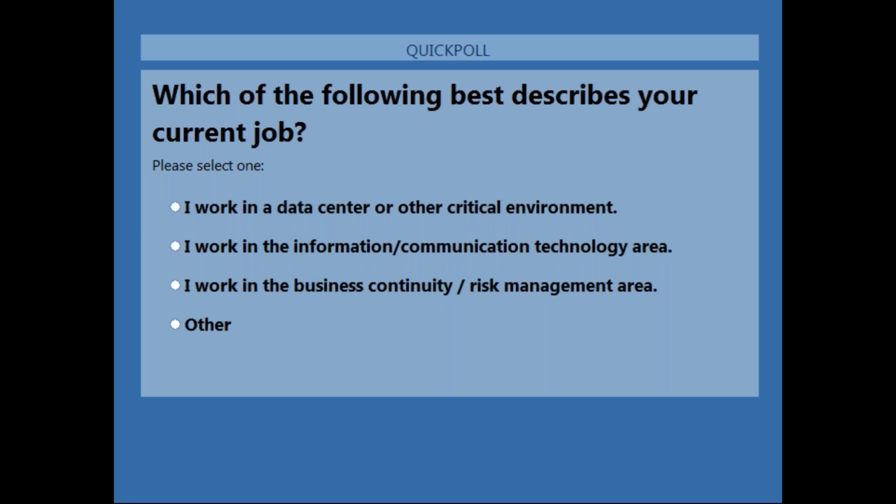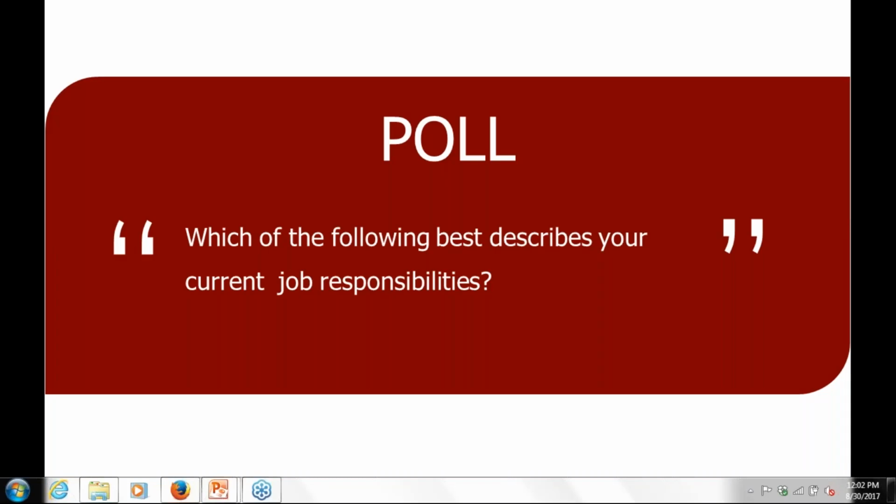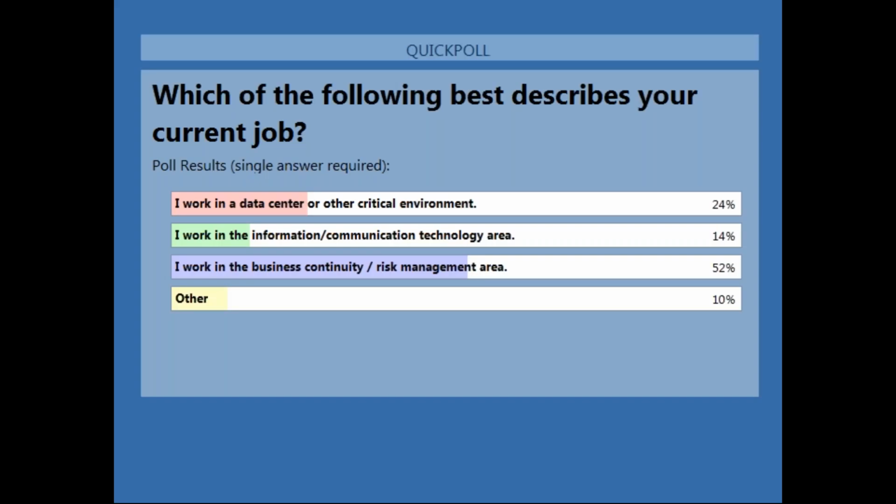Once again, that first poll is, which of the following best describes your current job? And so far, we have 85% of our attendees reporting in. We'll go ahead and close that poll here. Thank you, Tiffany. So it looks like we've got a nice blend, about half the folks working around business continuity and risk.